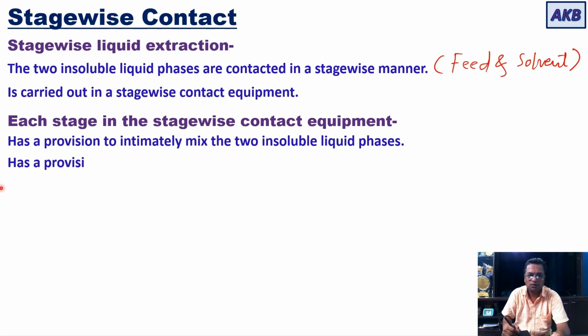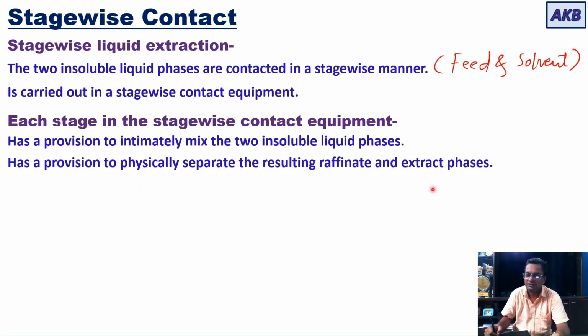Therefore, there is also a provision to physically separate the resulting raffinate and extract phases from each other. So each stage has these two provisions: provision for intimately mixing feed and solvent and provision for physically separating the resulting raffinate and extract phases.